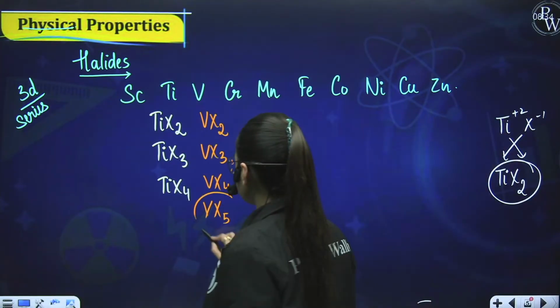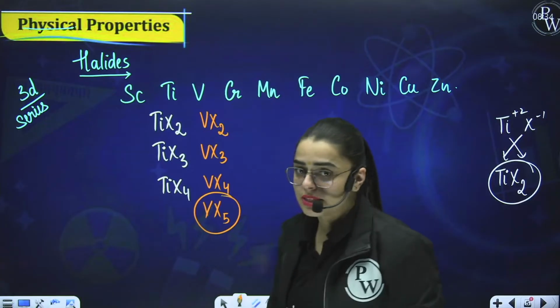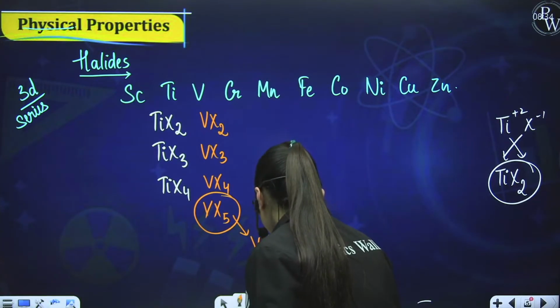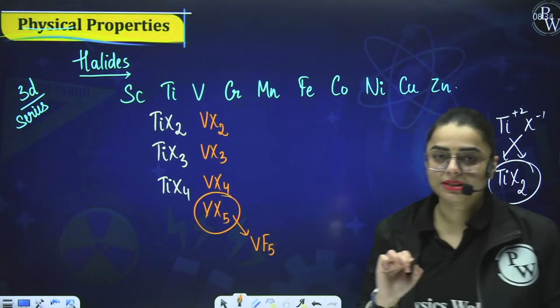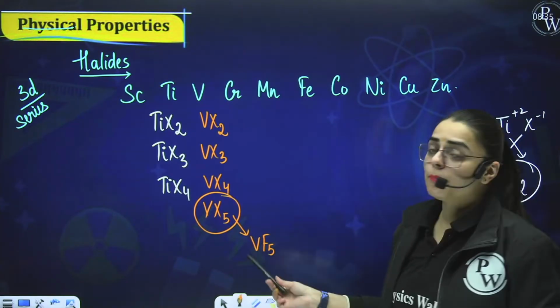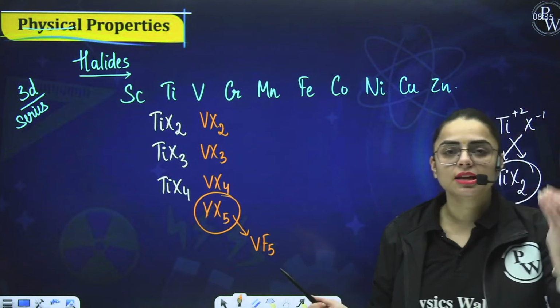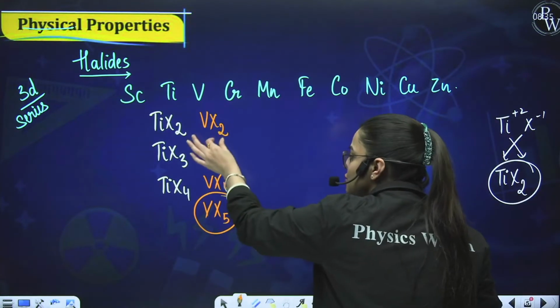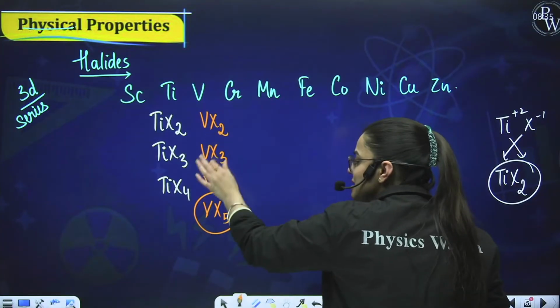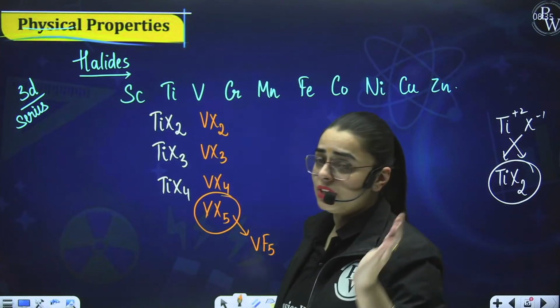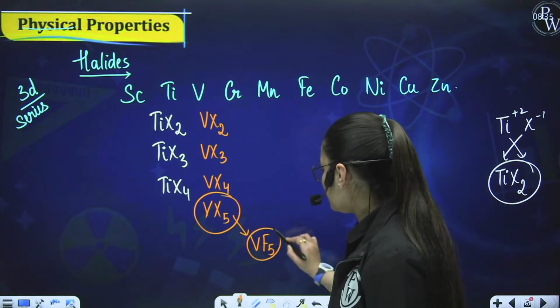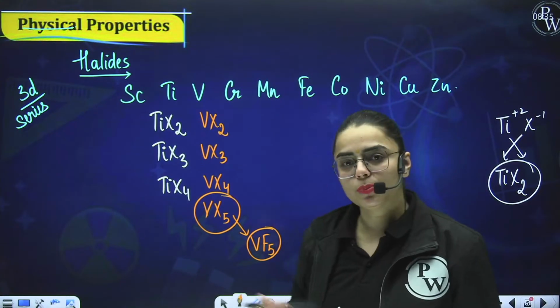When vanadium is showing +5 oxidation state, only VF5 is formed. Only fluorine can form its compound with vanadium when it is in +5 oxidation state. So all the other halogens can form VX2, VX3, VX4, but in the case of VX5 only fluorine will be seen. So this is a very important thing that you have to mark over here, right? You can put a circle.